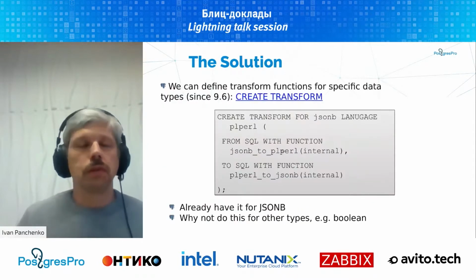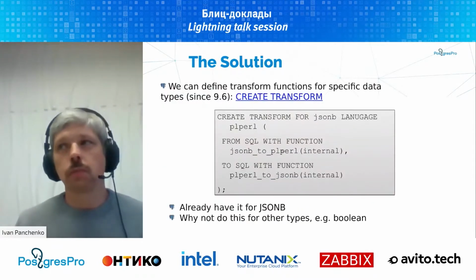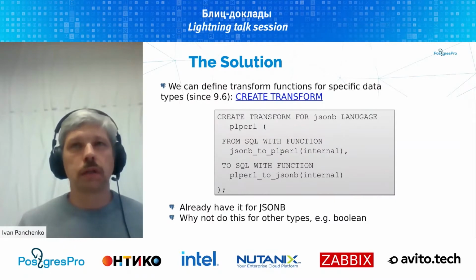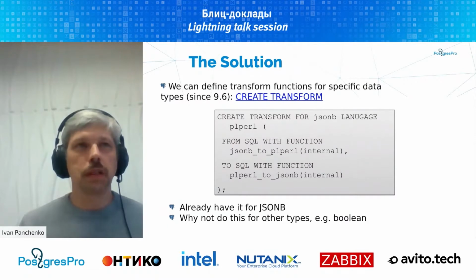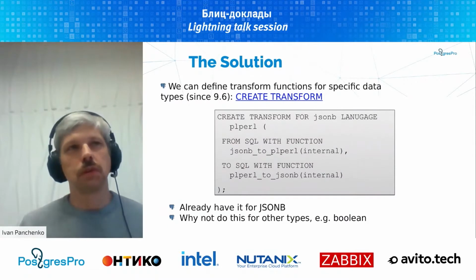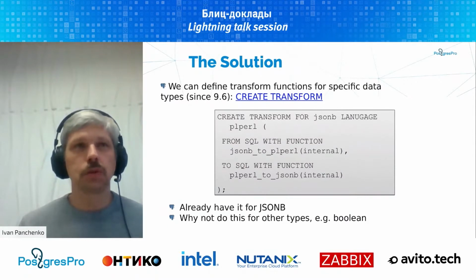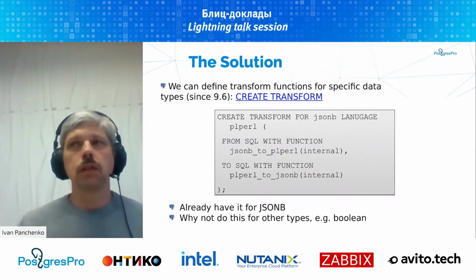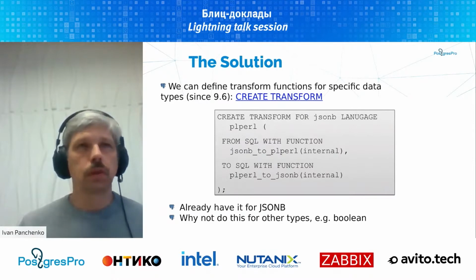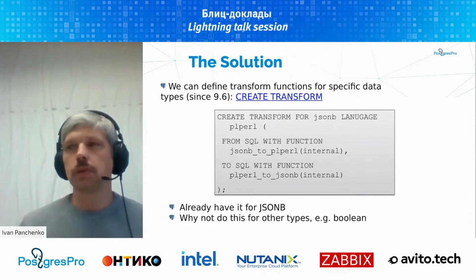So what are we supposed to do about that? In Postgres, we can have a couple of functions for each language, which take data from the procedural language into Postgres, and then in the backward direction. It is quite fast and simple, and after transforms appeared, we received a special one for JSONB.